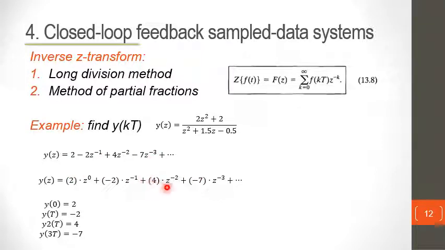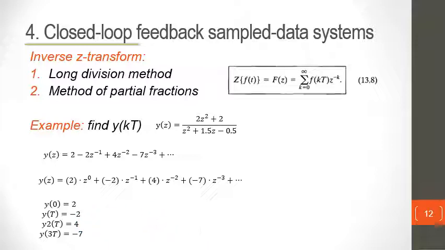Which means we can simply say the 0th sample, y(k) when k is 0, is equal to 2, y(k) when k is 1 is equal to minus 2, and then you have a 4 and a negative 7. So that's how you can recover this sample.